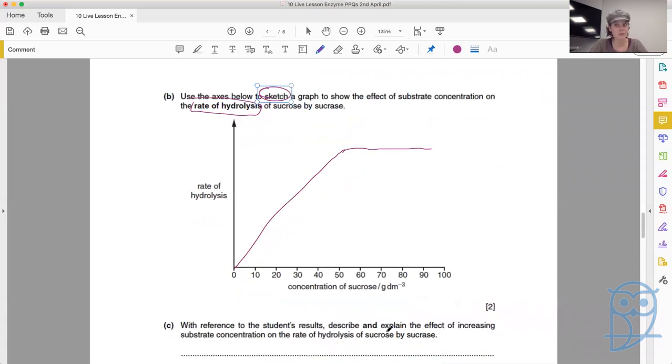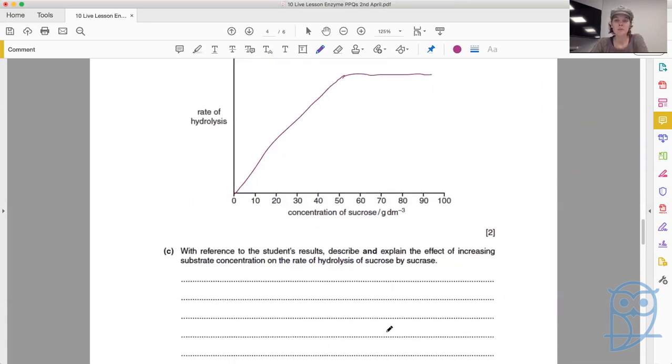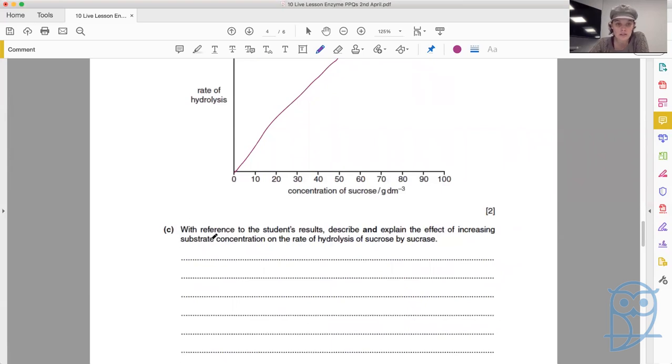Then comes your classical question to follow a graph with reference to the student's results. So in other words, quote data, describe and explain. There they are, the pair that works so well together. Give me a description of something, explain why it happens.